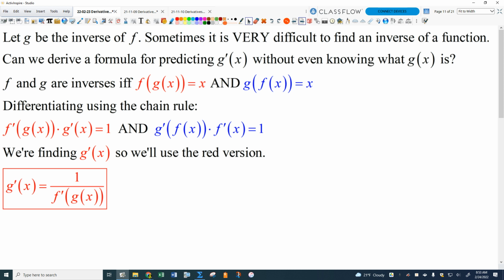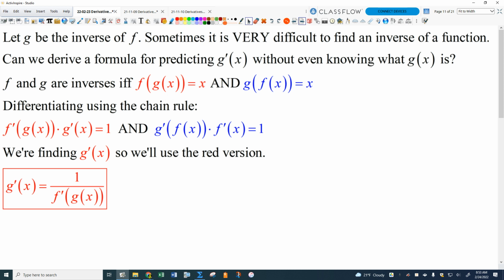Okay? So if we were to differentiate using the chain rule, let's take this red statement and differentiate that with the chain rule. We're great at that, right? We differentiate from the outside in. So the outer level, I've got f of g of x. The derivative of f of g of x is just f prime of g of x, isn't it? Right?